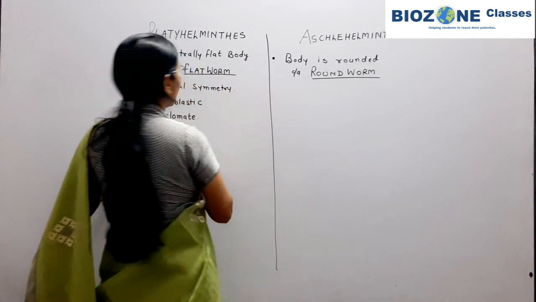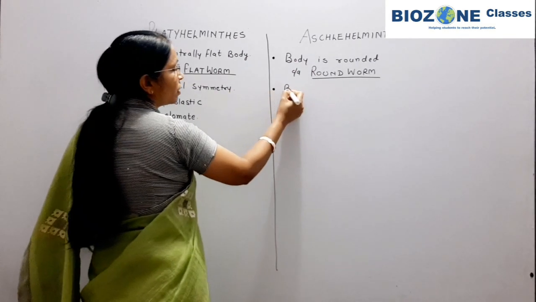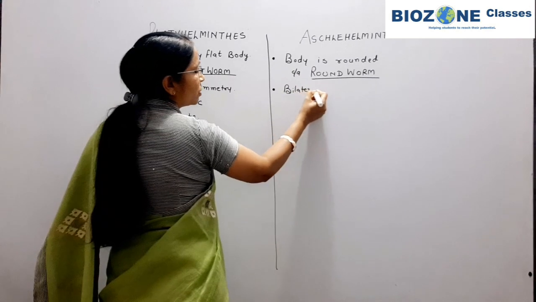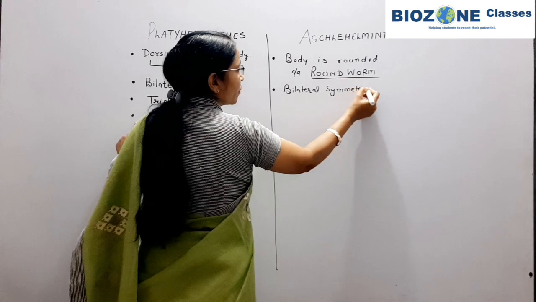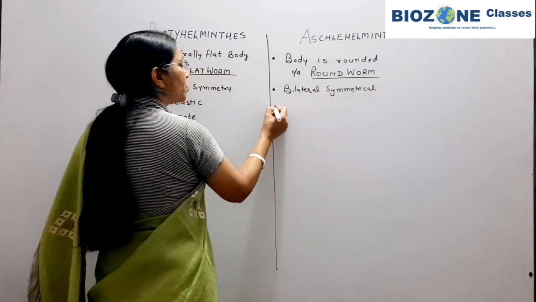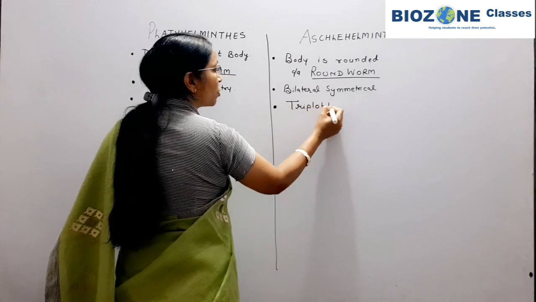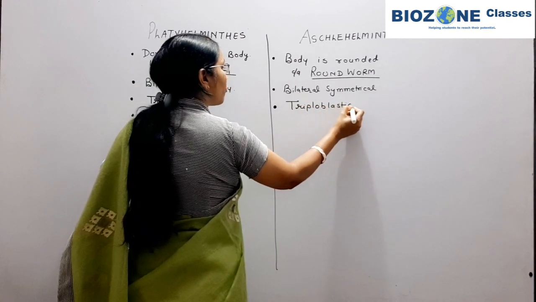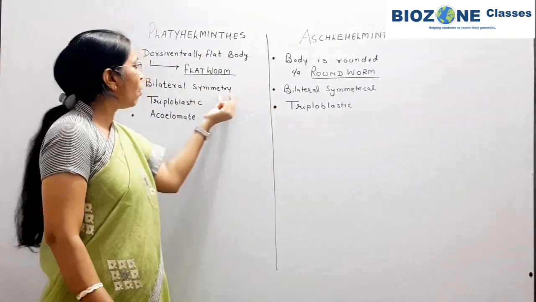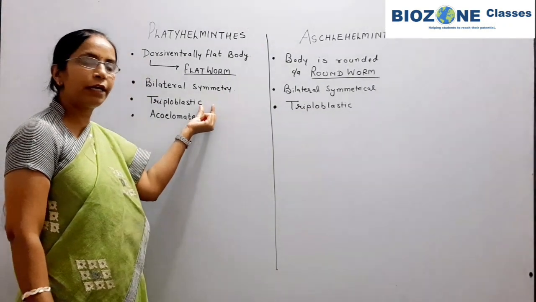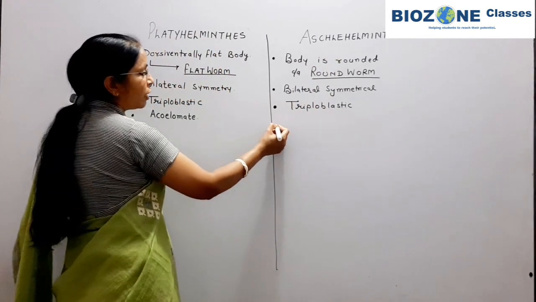When we compare these characters with Aschelminthes, they are also bilaterally symmetrical. Secondly, roundworms also show the 3 germ layers in their organization, so they are also triploblastic. One thing to remember conceptually: from Platyhelminthes till Mammalia, all the phyla are bilaterally symmetrical and triploblastic.